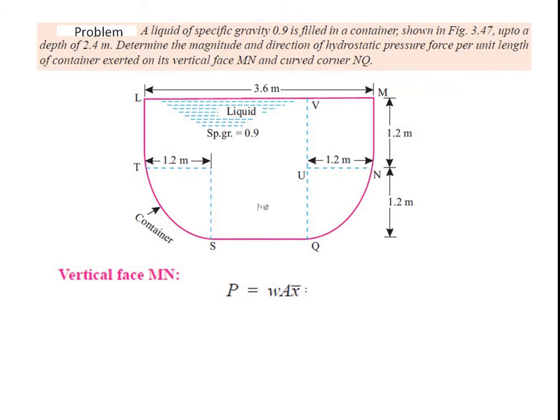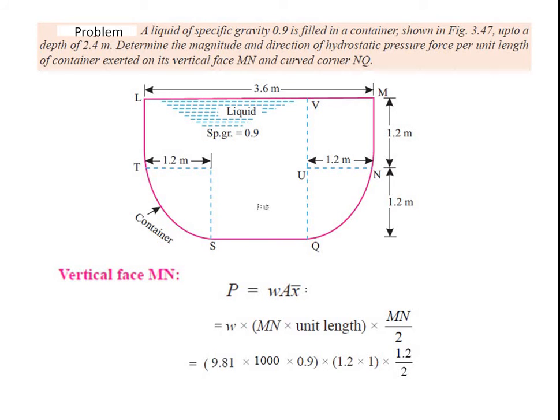For vertical surface MN, we know that the pressure force P can be calculated as W into A into x bar. Now here W is nothing but 9.81 into 1000 into 0.9, since the specific gravity has been given as 0.9. Now the area is nothing but MN into unit length.